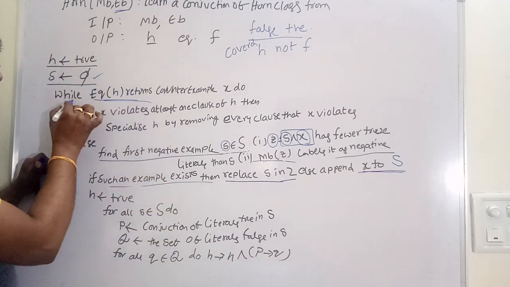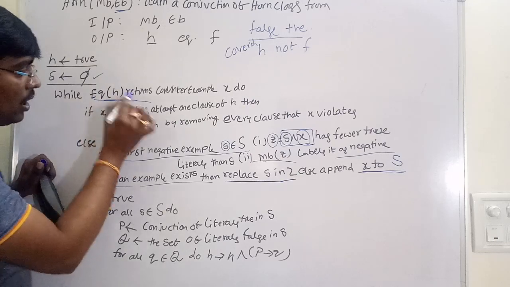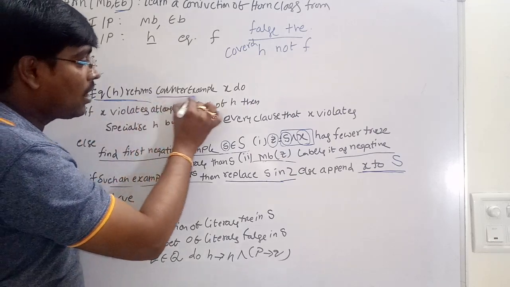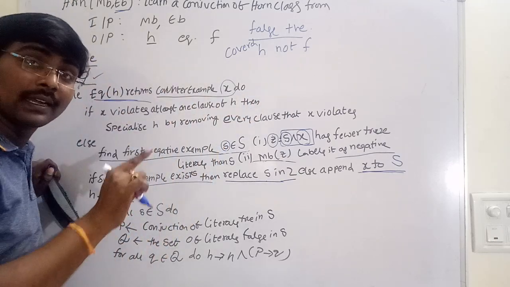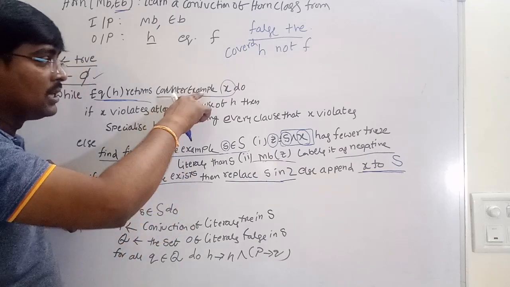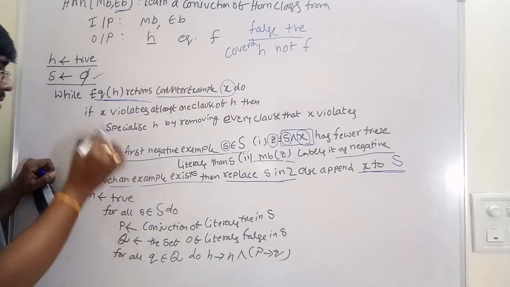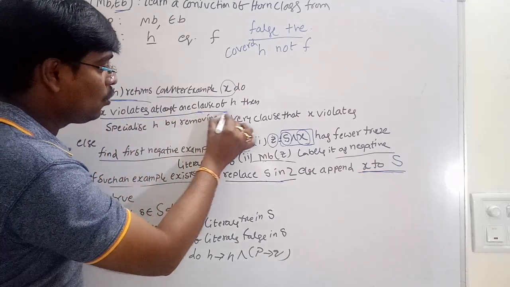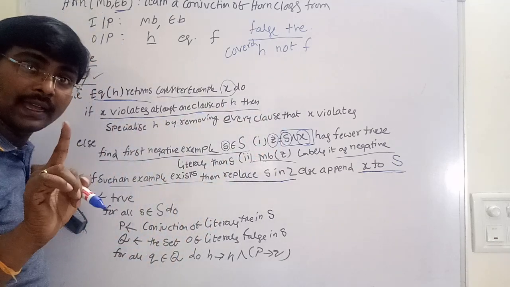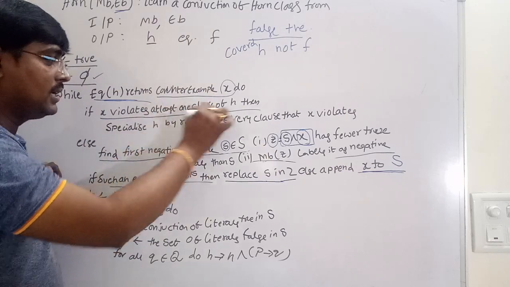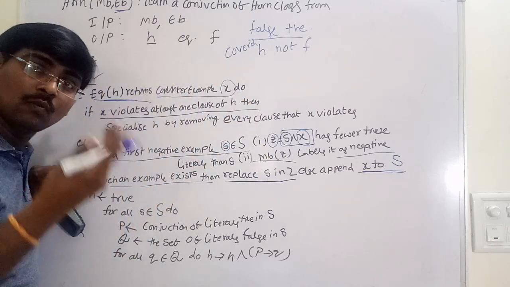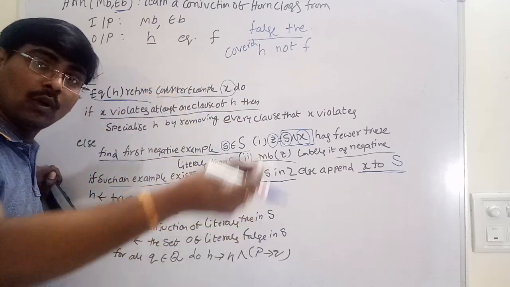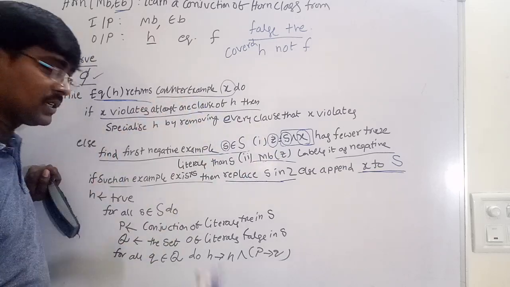While EQ of H returns a counterexample, that is not equal. If X, that is our example, violates at least one clause, then we will make more specialization.